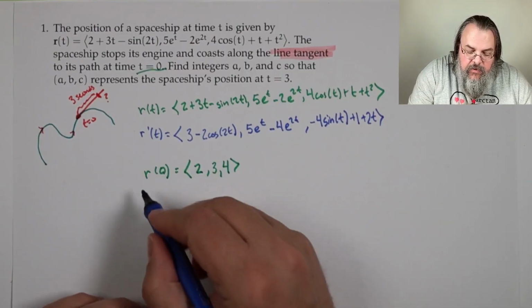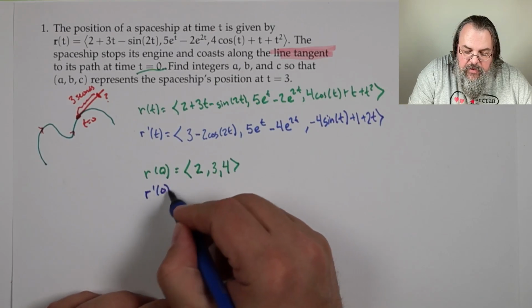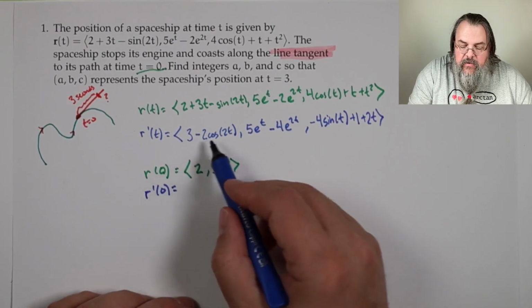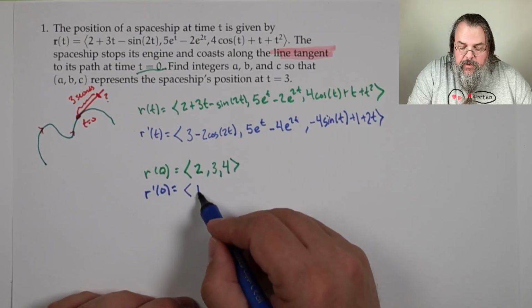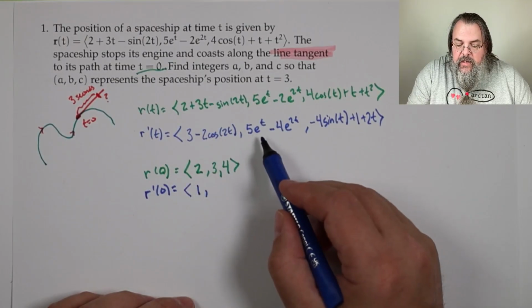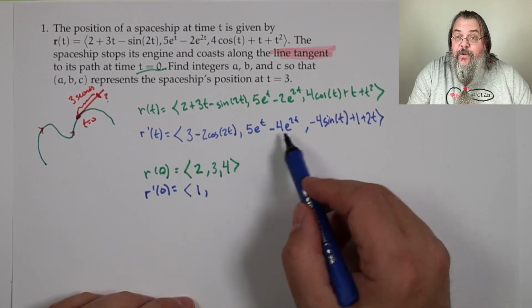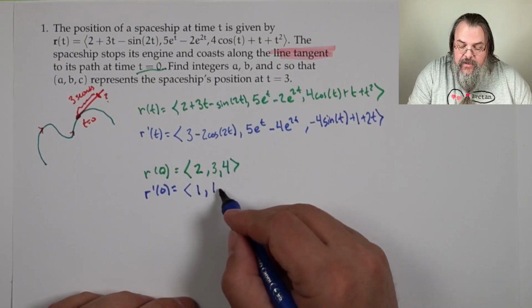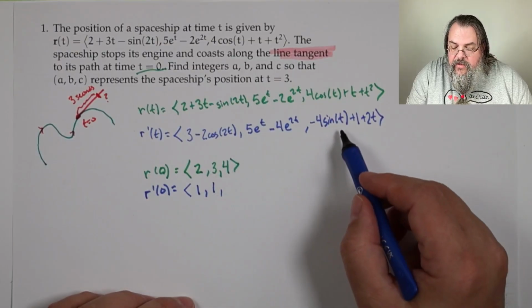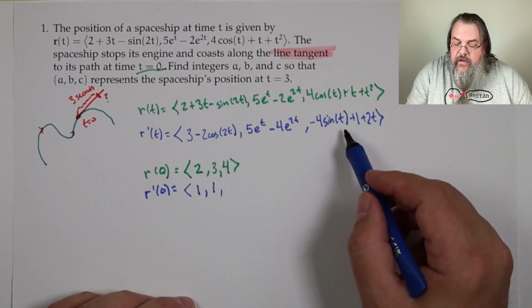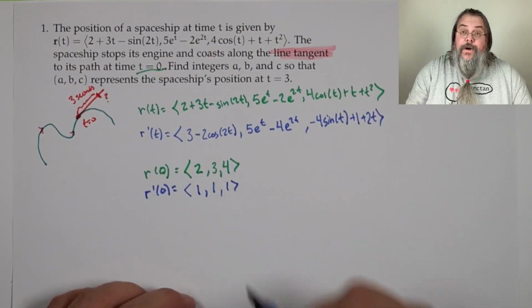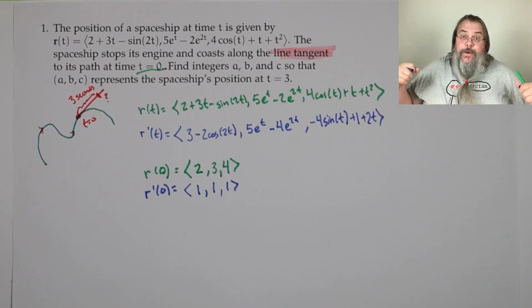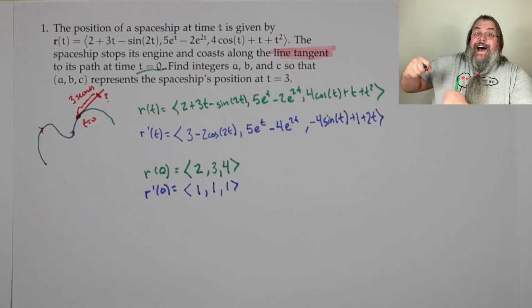We can do it right below it. r prime is 0 plus 3 minus 2, because cosine of 0 is 1. 3 minus 2, 1. e to the 0 is still 1, so we get 5 minus 4, 1. And sine of 0 is 0, so you get 0 plus 1 plus 0, 1. 1, 1, 1. All right, we really won on this problem.